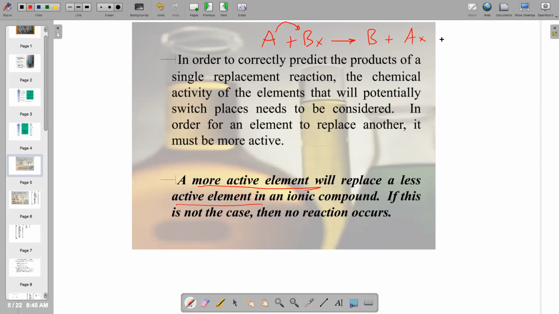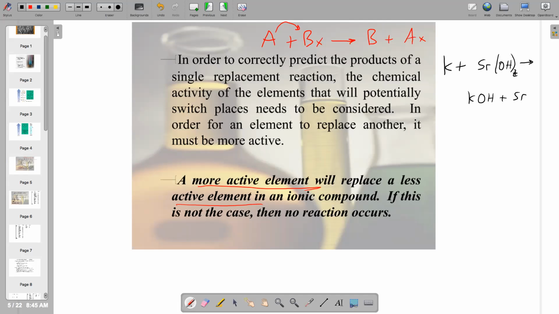So if you look on the activity series, if I write this reaction, K plus strontium hydroxide, potassium and strontium hydroxide form potassium hydroxide plus strontium.